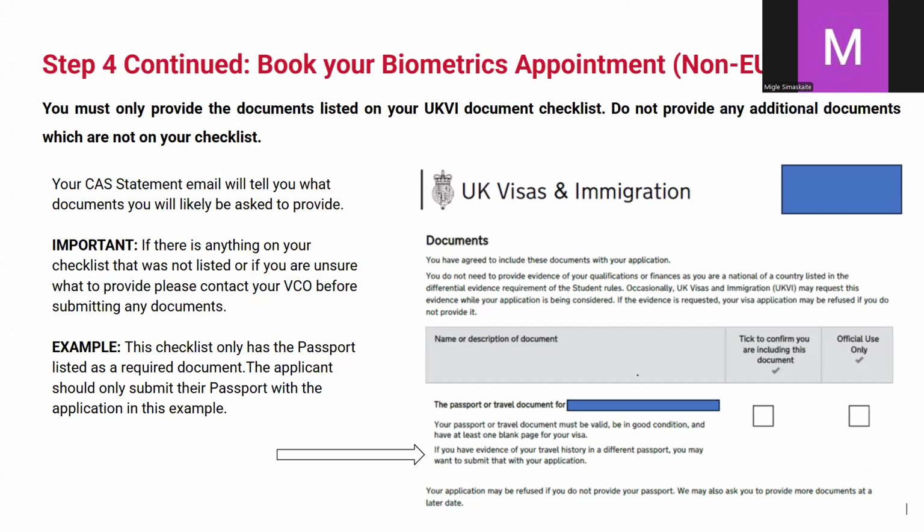If you notice any documents that were not listed by us on the UKVI document checklist, kindly contact your assigned visa compliance officer or double check with them. It's important that you don't submit any documents you're not asked to at the time of application, as can be seen here, just because this could cause delays to your visa application.